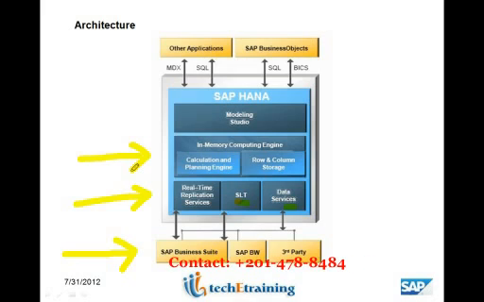And in the planning engine, you have certain planning applications, in-memory apps that you can connect on top of the HANA database for rolling estimates, forecasts, or a demand plan. So for all those planning functions and planning areas, you have a particular planning engine. So these two are the calculation and the planning engine.